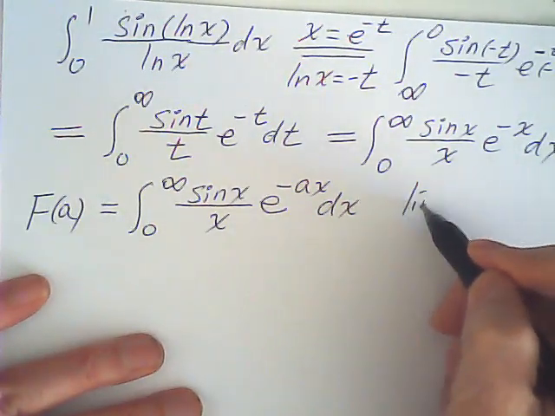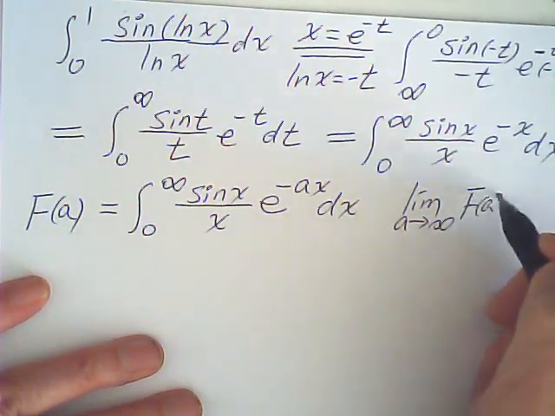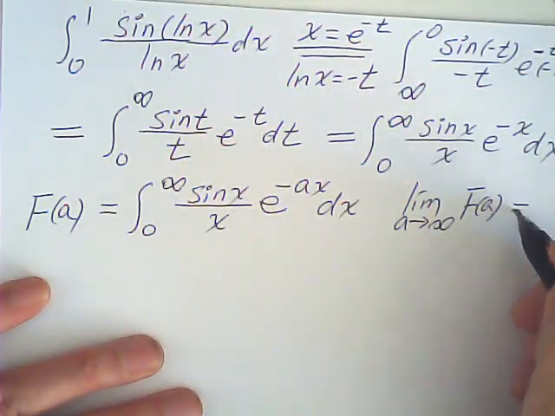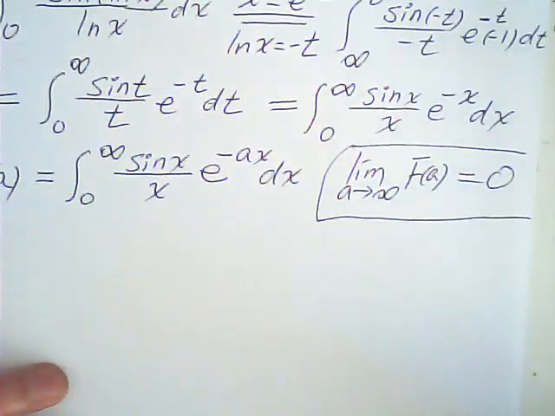And if I take the limit as a approaches infinity, f of a, well, this will be 0, right? So the whole thing will be 0. So this is useful for the future solution.